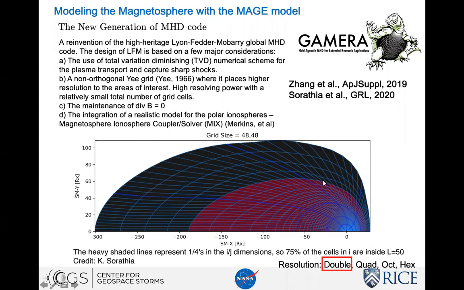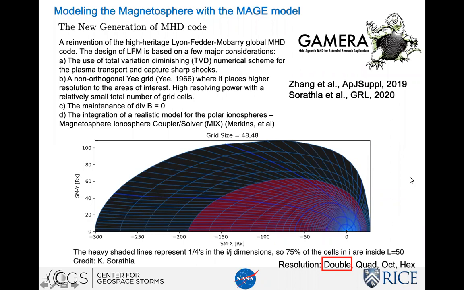So it has a very strong resolving power, but it doesn't need a large amount of computing resources. It also has a routine to maintain zero magnetic field divergence, and the ionospheric potential solver called MIX is integrated.